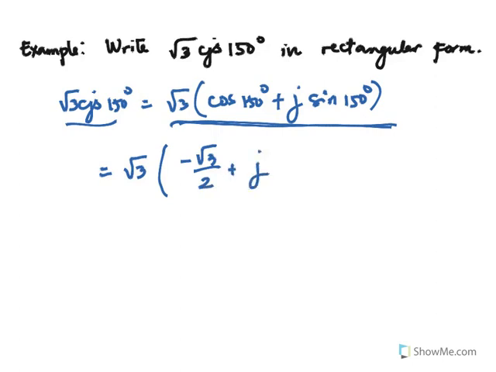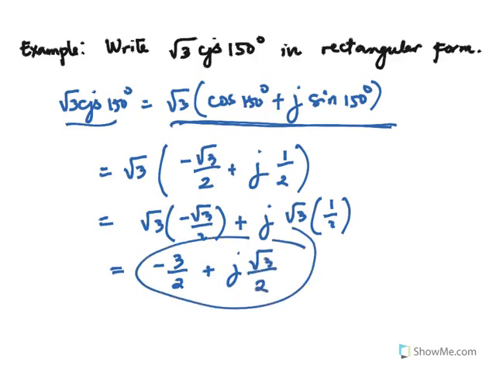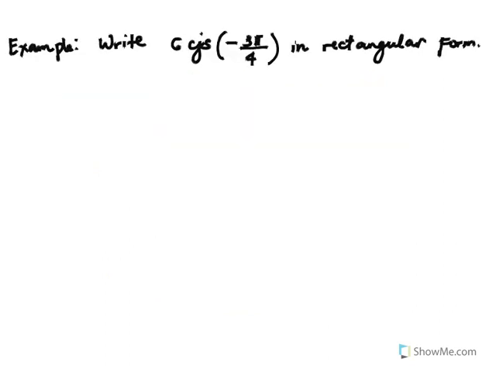Sine 150 is positive 1/2. Okay? So that's equal to square root of 3 times negative square root of 3 over 2 plus j square root of 3 times 1/2. Or that's negative 3 over 2 plus j square root of 3 over 2. So that's now the rectangular form of your complex number.